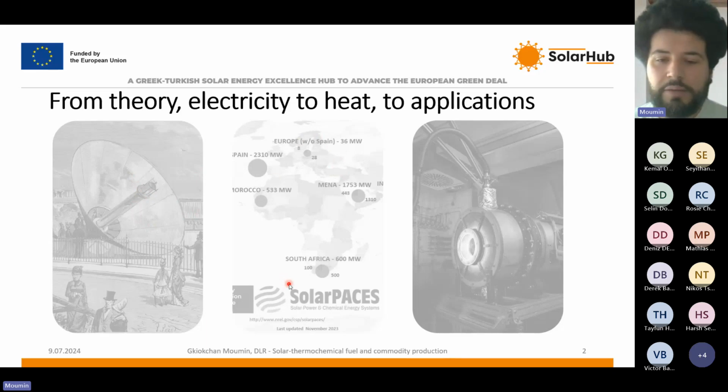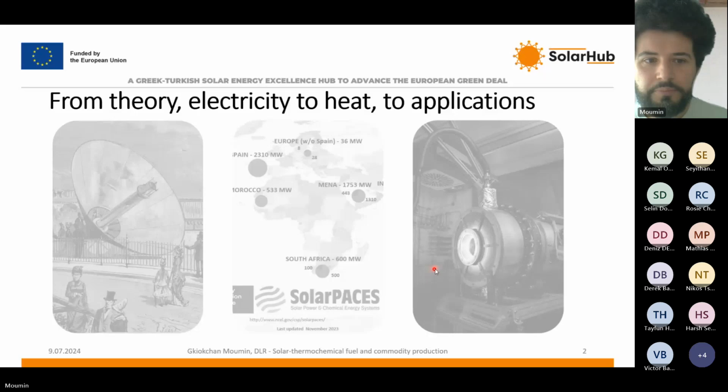But it has applications or potentials beyond that. And this is also what we will talk today about. And then also I will mention some applications and show basically the broad range of what CSP technology could provide, and show the potentials in the future.